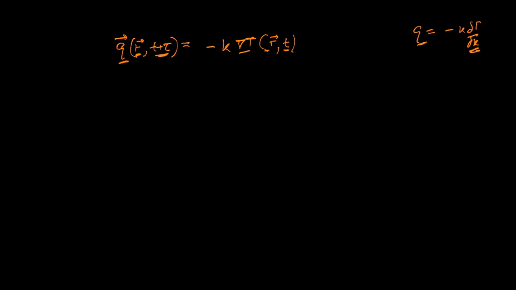So tau denotes the time delay between the heat flux vector and the temperature gradient.